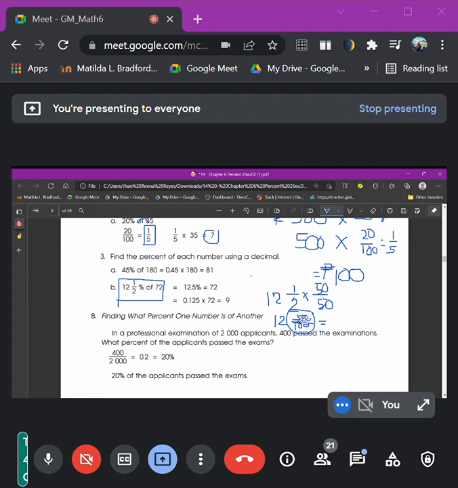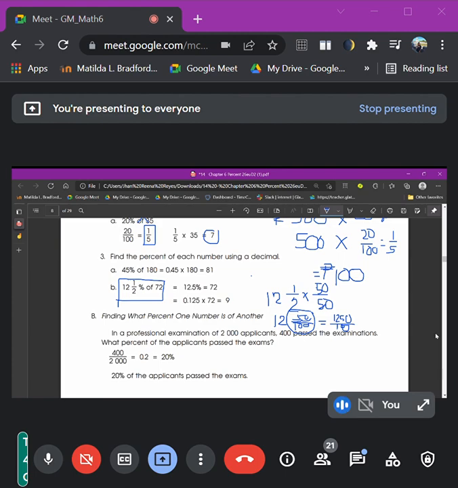So, for the improper fraction, that is 100 times 12, how much? That is 1,200. And then 1,200 plus 50, that is 1,250. And then over 100.